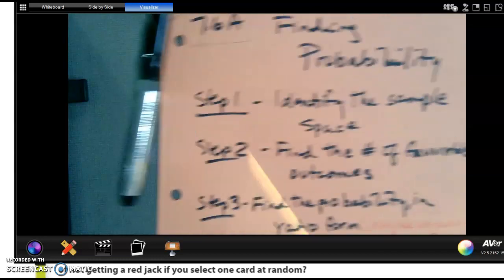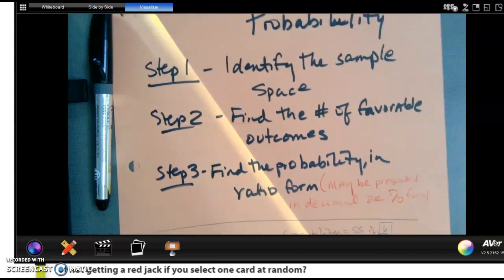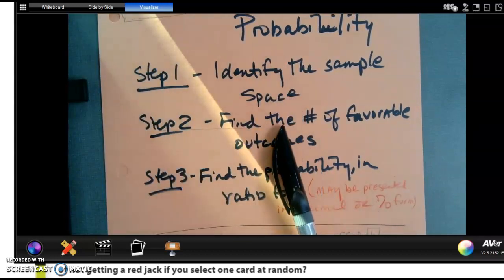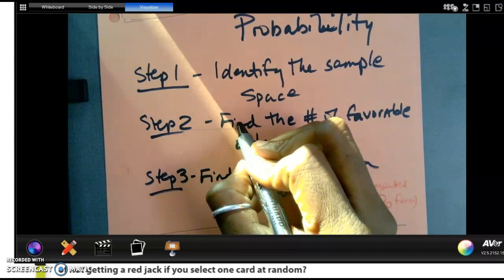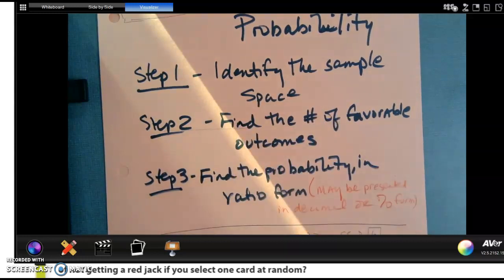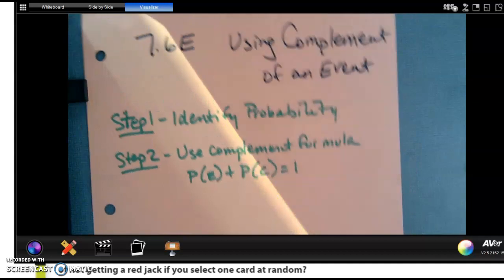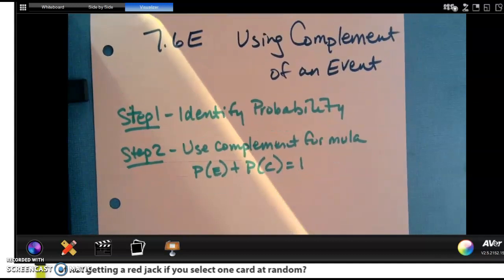Now, let's look back at the probability rules. I always identify my sample space, find the number of favorable outcomes, and find the probability in ratio form. That is the intro to probability. However, when I'm attempting to identify the complement, which is 7.6e in our TEKS, we're going to use the complement of an event.